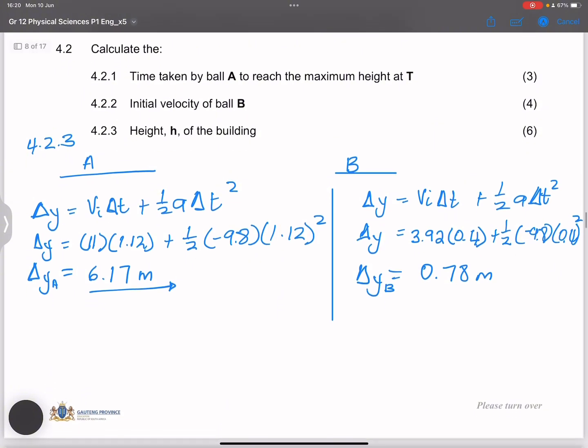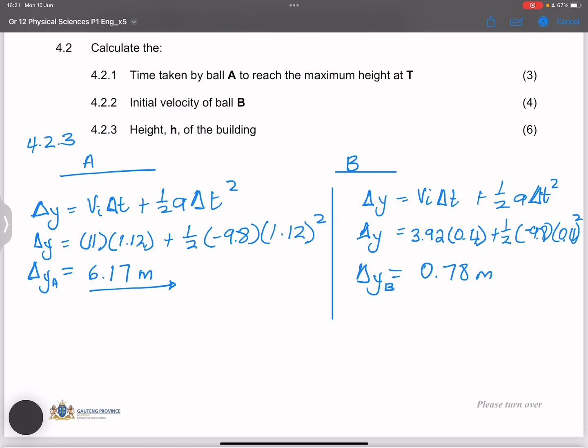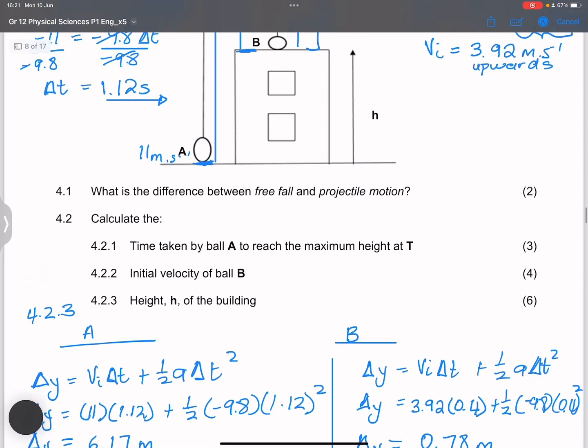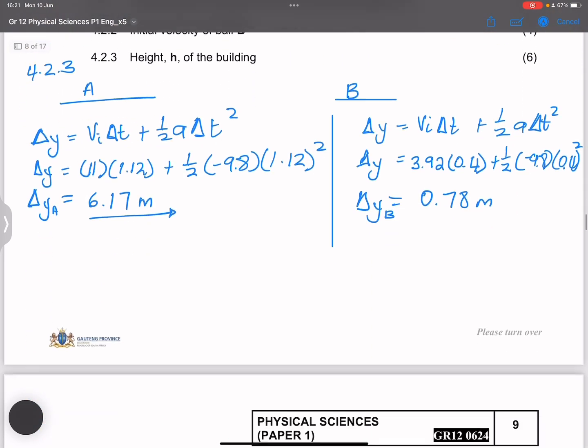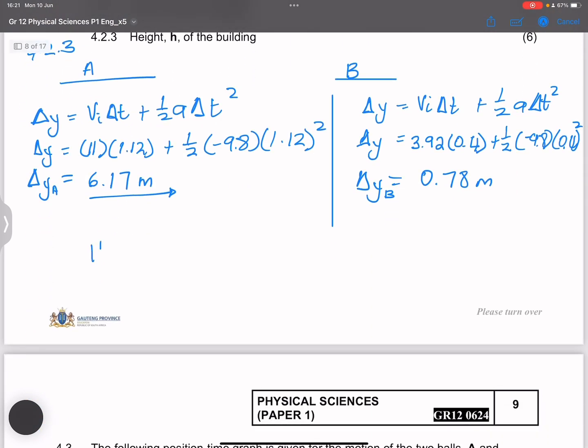So B was displaced 0.78 meters, right? And in this case, now I want you guys to note, the height of the building would be that 6.17 minus 0.78, and so let's find that height.